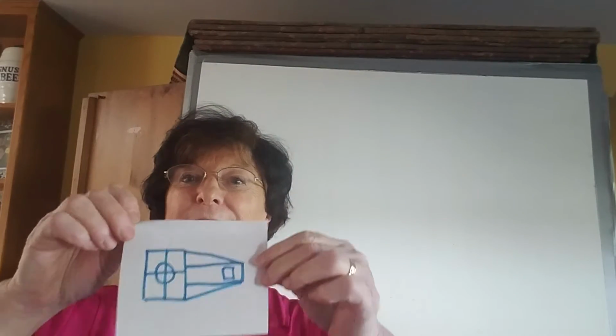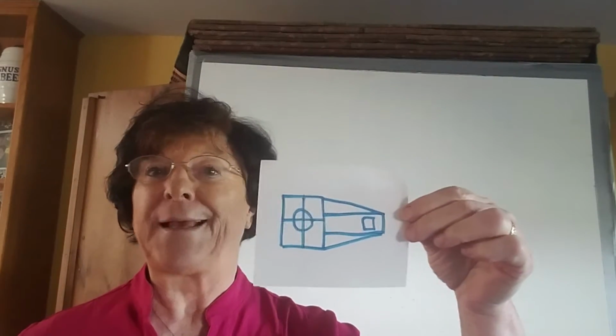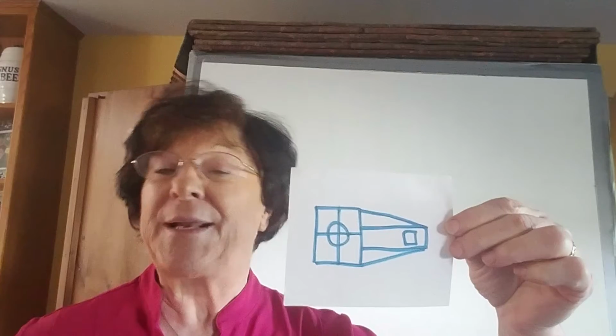So then the next thing we do is I give them some nonsense shapes. And they're going to sit back to back with a friend. One of them's going to draw, one of them's going to describe. Now here's an example of a nonsense shape. It's not anything, but it's a bunch of shapes put all together.